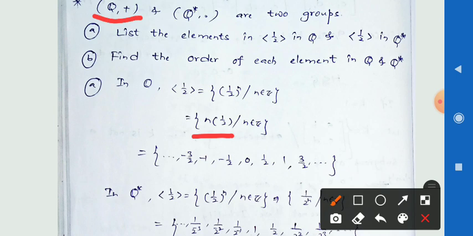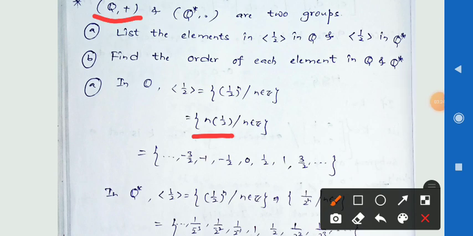That can be written by substituting n belongs to Z: n equal to minus 3, minus 2, minus 1, 0, 1, 2, 3, and so on.